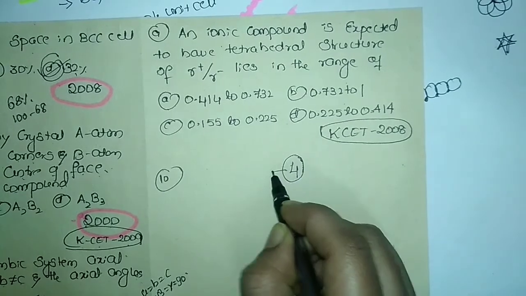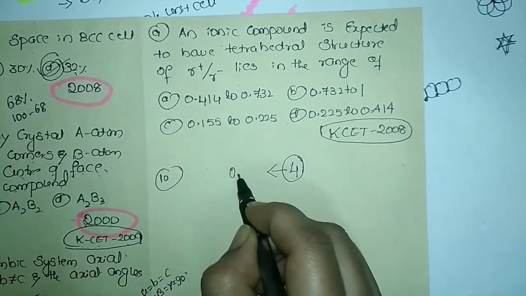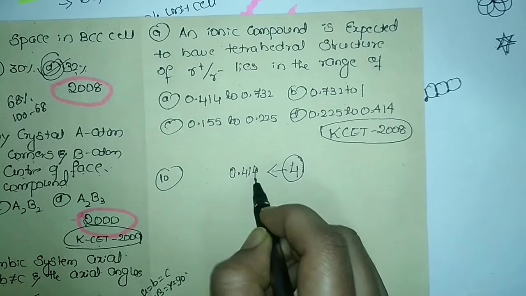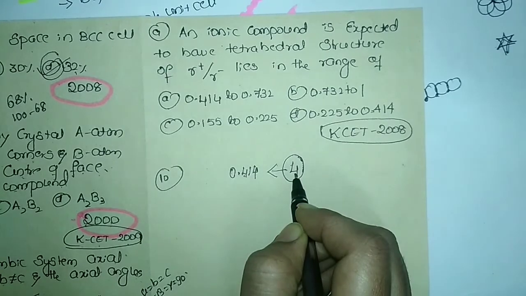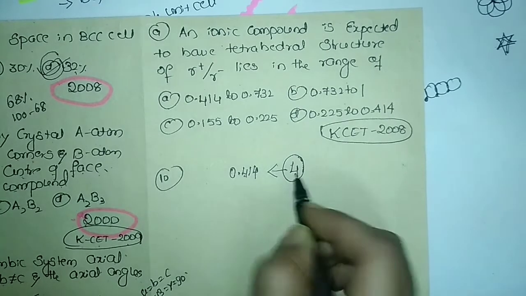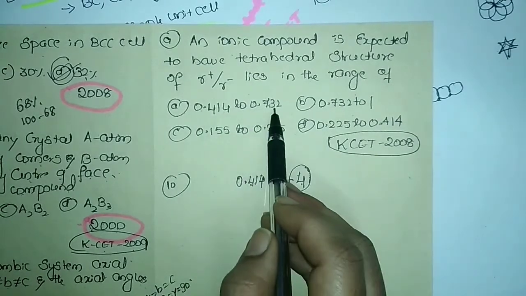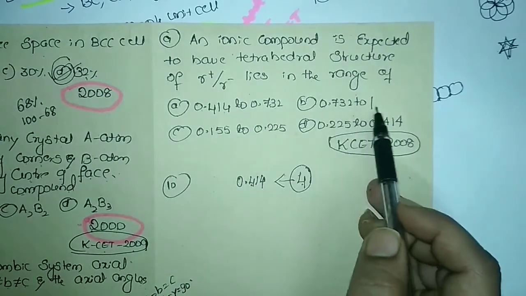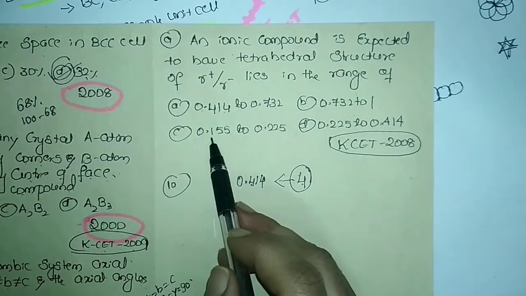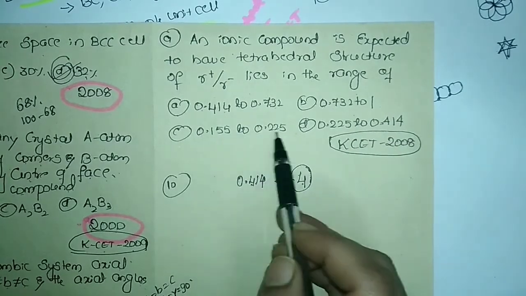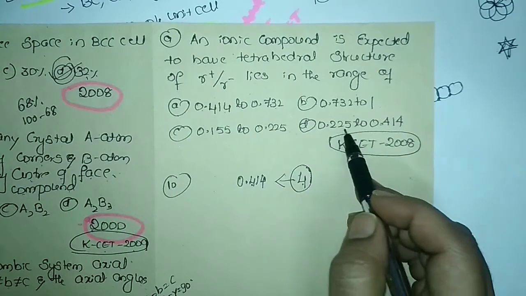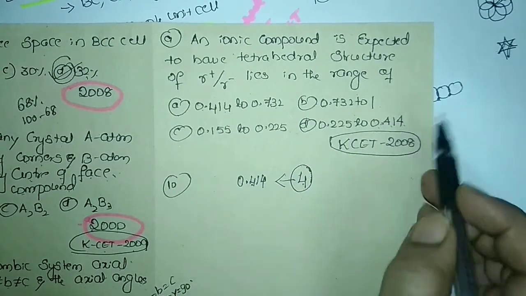Okay, so I told you how to remember. If it is 0.414, okay, which will be the answer over here? 0.414 to 0.732, no. 0.732 to 1, no. 0.155 to 0.225, no. 0.225 to 0.414.